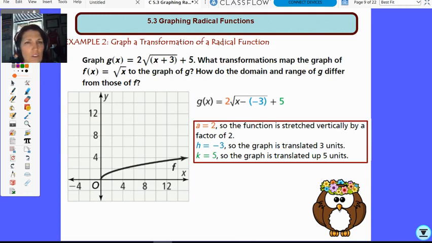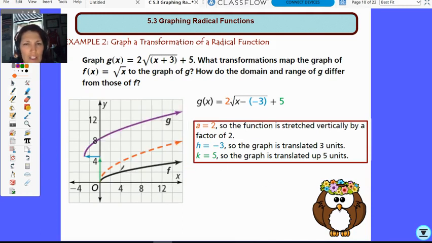Okay, so I'm going to go to my next page here, and this is what we have. Here's my parent function, this f right here. My stretch is my orange, so we took each of these y values here. So right here is 4, 2, right? So right here at 4, 2, we stretch it by 2.